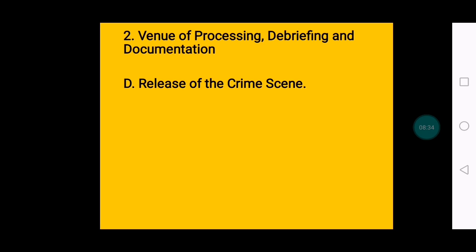Once the scene has been formally released, re-entry may require a warrant, but only the person in charge should have the authority to release the scene. They should also consider the need to have certain specialists survey the scene before it is released, for example, blood pattern analyst, medical examiner, and others.